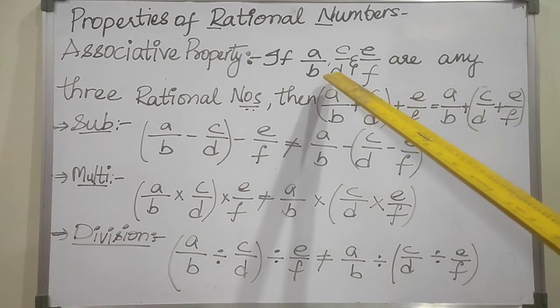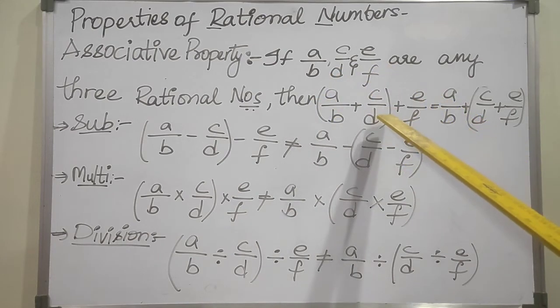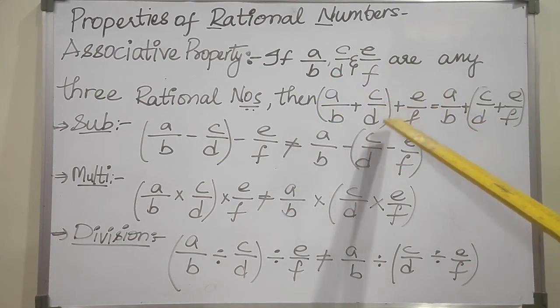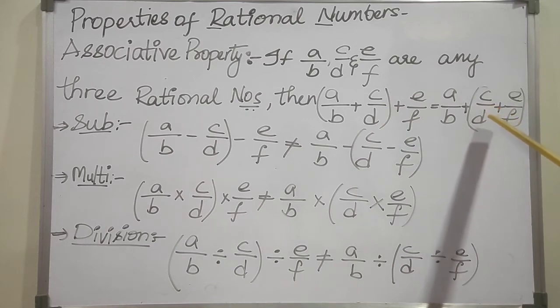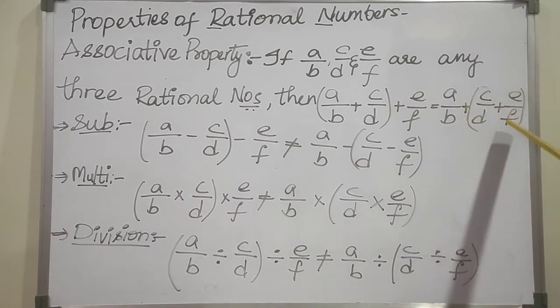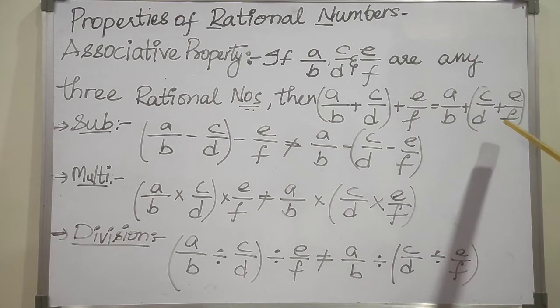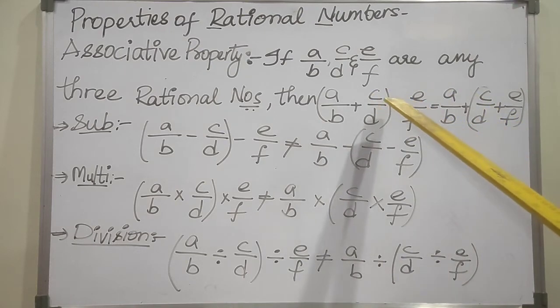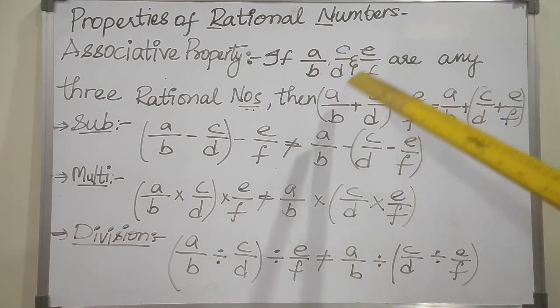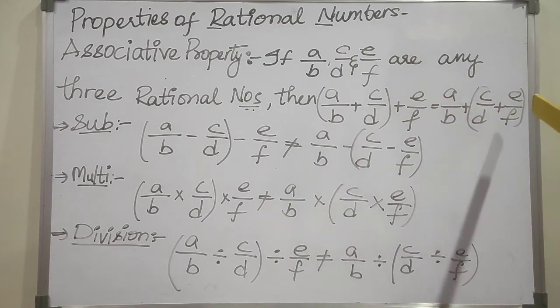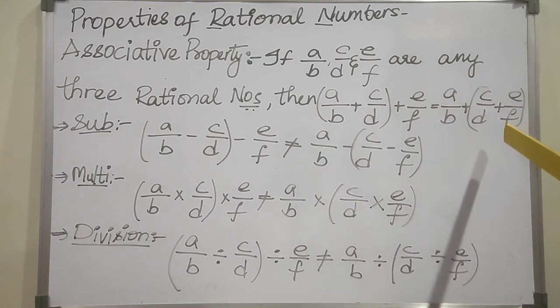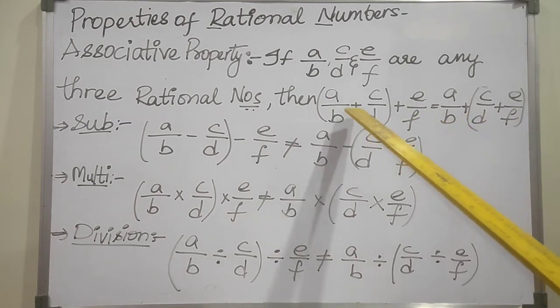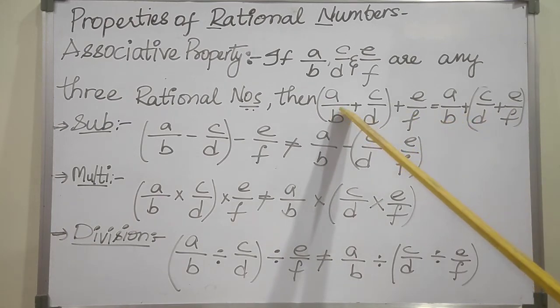Here the group of A by B and C by D changes on the RHS side to C by D and E by F. So this is the tip to identify the associative property: the grouping changes on the RHS side. Yes, so this is under addition.